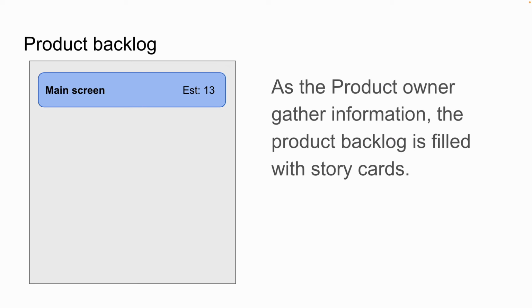So this illustrates how the product backlog could be published with stories. The product owner will get information about the different requirements and so on, and will then add the stories to the product backlog. The team will estimate these stories. As they do the sprint planning, they will go through the stories and add estimation on it.